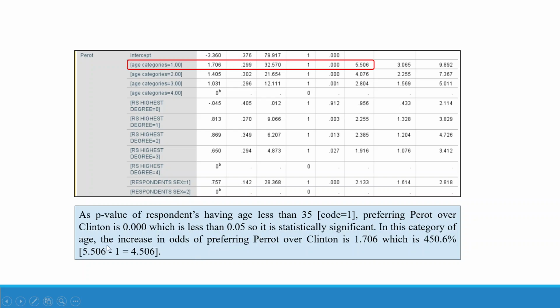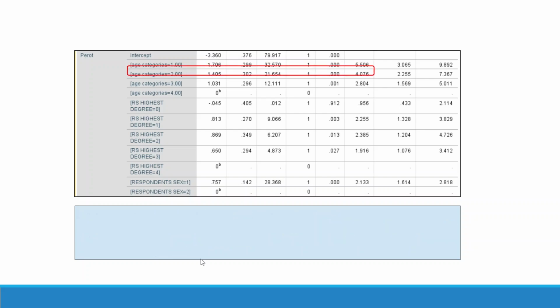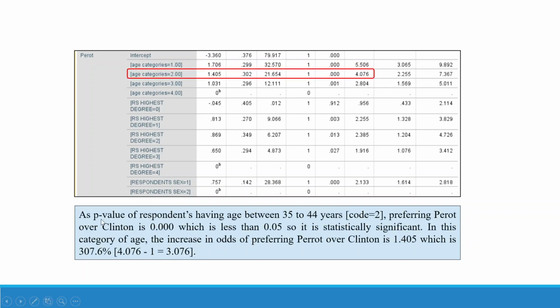In this category of age, the increase in odds of preferring Perot over Clinton is 1.706, which is 450.6%. So 5.506 minus 1, 4.506 into 100. Age category 2, the p-value of the respondents having age between 35 to 44 years, code 2, preferring Perot over Clinton is 0.00.